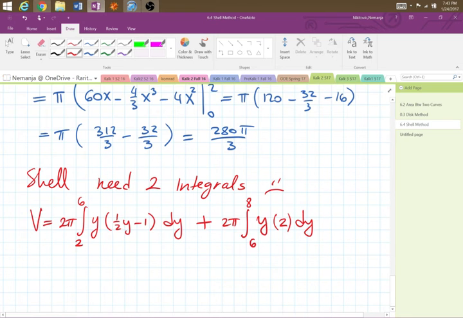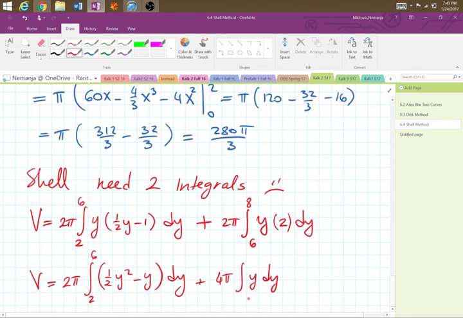All I need to do is compute this. I better get 280 pi over 3. So volume is 2 pi, integral 2 to 6, and I have 1/2 y squared minus y to integrate. For the second integral, I'm going to kick 2 outside, so it's 4 pi integral of y dy from 6 to 8.